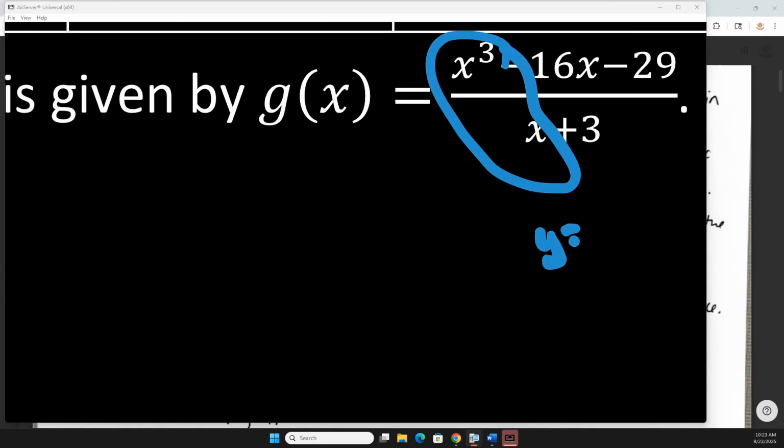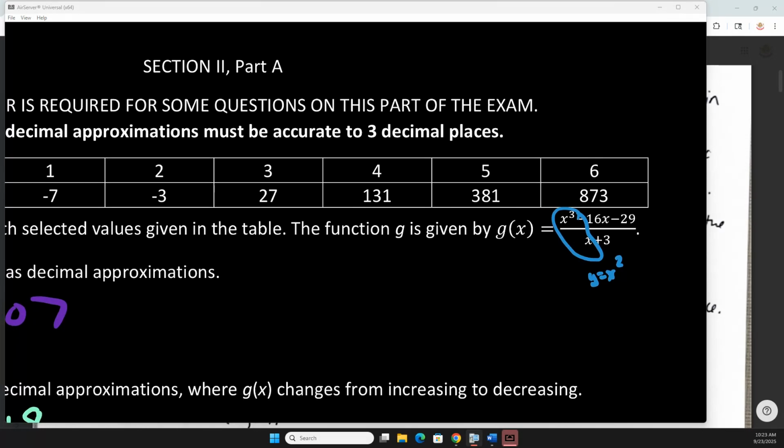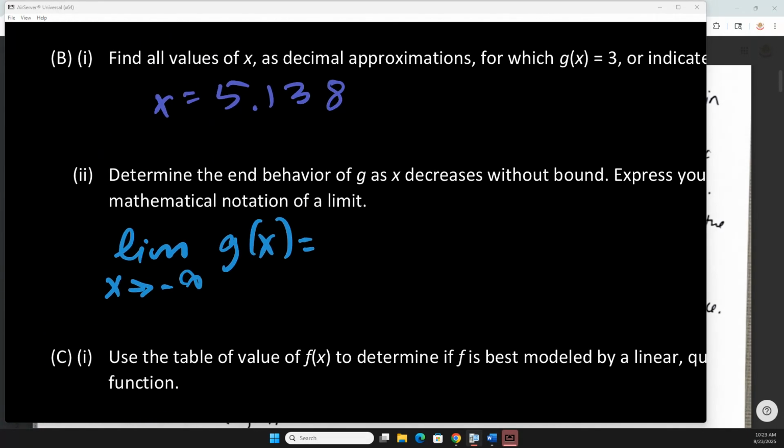Yeah. And so this graph at the far left and far right is going to act just like y equals x squared. And what is that graph going to do on the left? Left and right is pointing up. And so on the left side of the graph, it is going towards positive infinity.